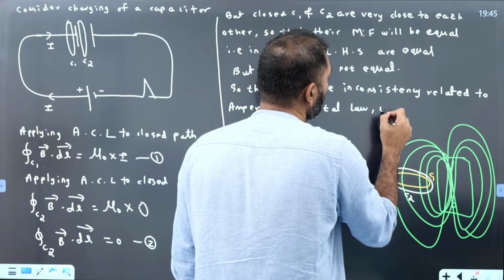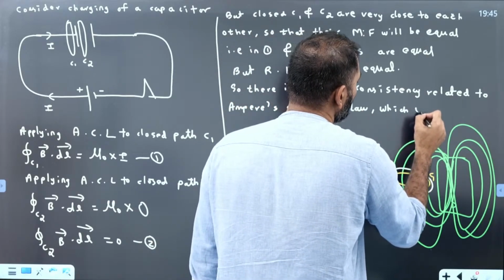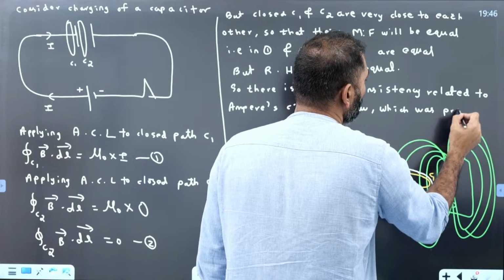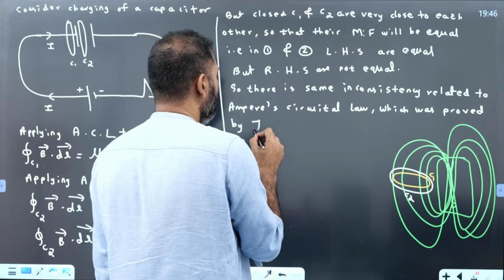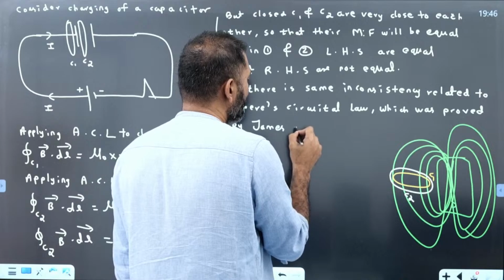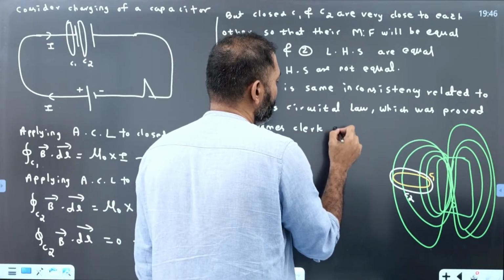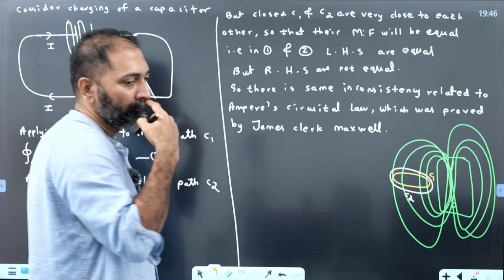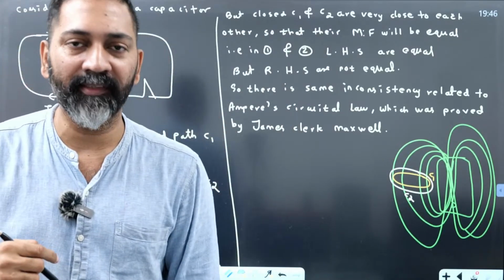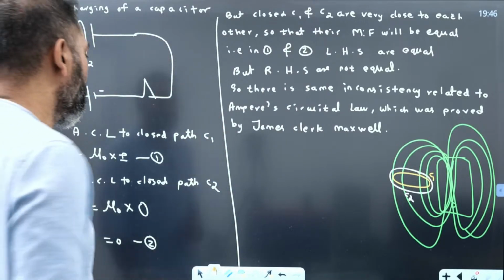The inconsistency was resolved by James Clerk Maxwell. So who proved Ampere's circuital law wrong? James Clerk Maxwell.